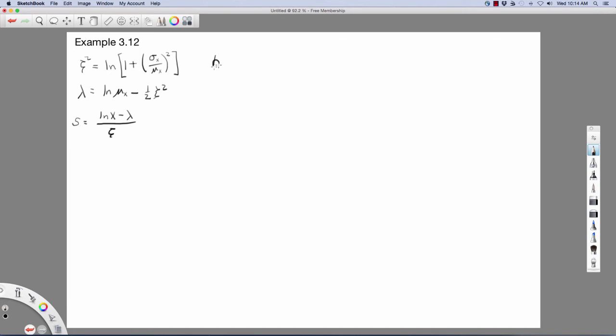For part B, we want to know what the probability of the drainage will be between 1 and 1.6. Previously we had the normal distribution. Now with the log normal, it would be slightly different. So we want to know what the probability is that x will be greater than 1 but less than 1.6. So this is going to be equal to the CDF function of, again, natural log, where you need to use the s definition here because we're in a log normal distribution.